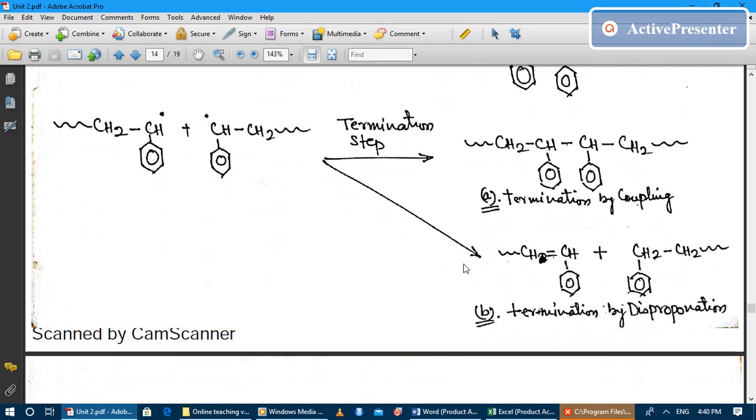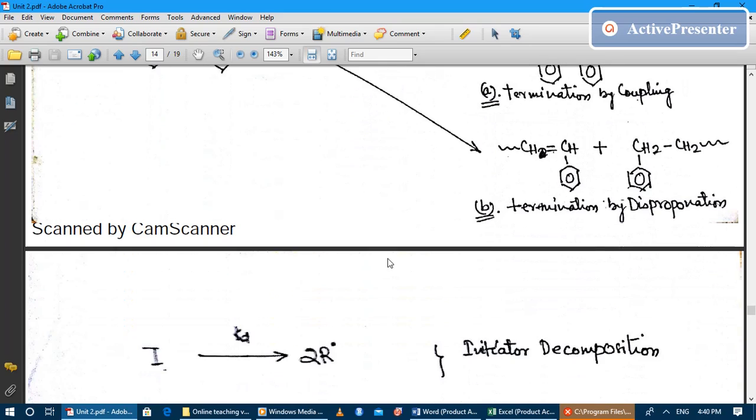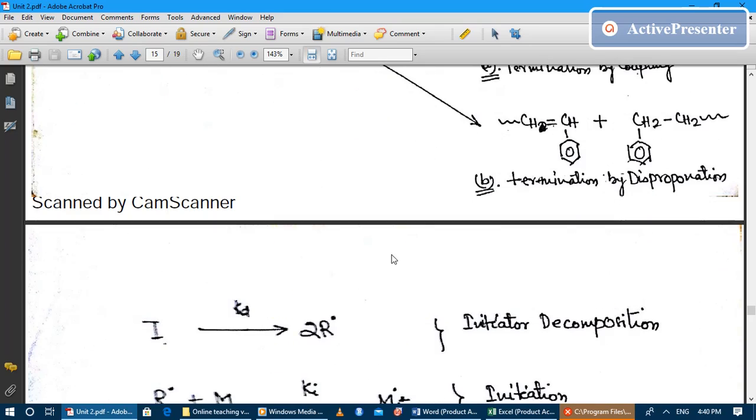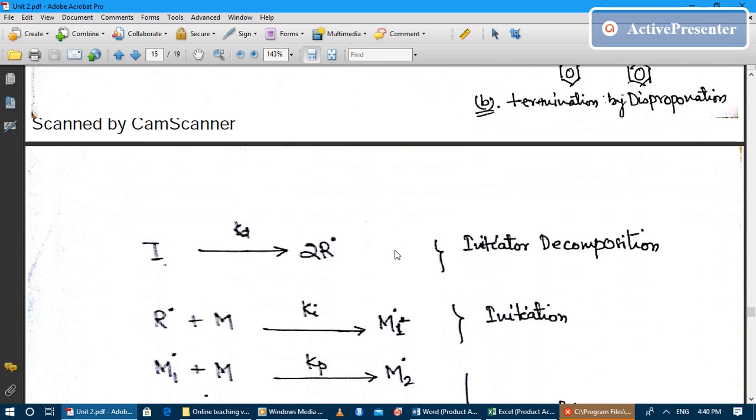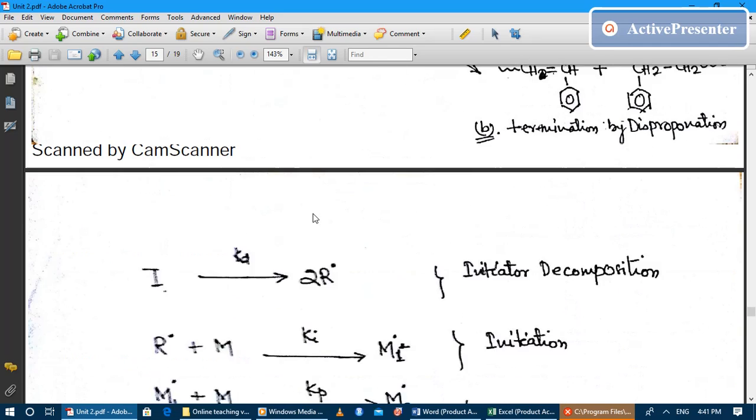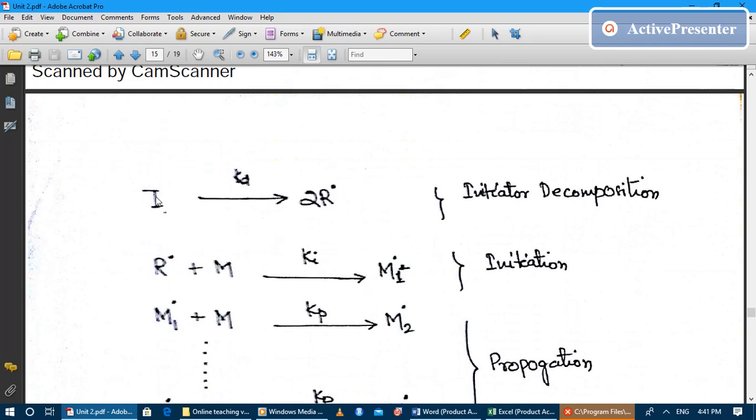I think we have discussed all this in the previous unit. Now it is time to look at the kinetics. So again, starting from the initiator, I is going to decompose into two free radicals, and this is an irreversible reaction. The rate constant is Kd, where d stands for decomposition.